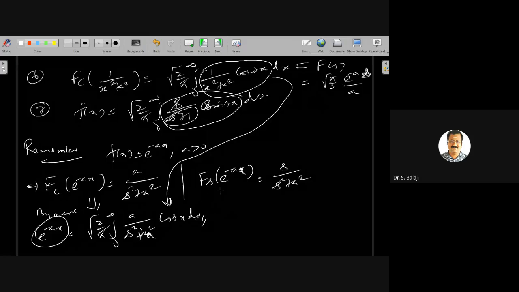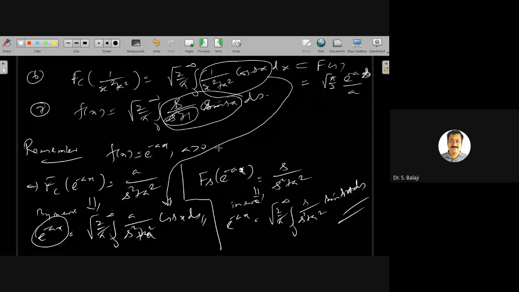Similarly, for this problem also, by inverse, e power minus ax equals root of 2 by pi integral 0 to infinity s by s square plus a square sine sx ds.